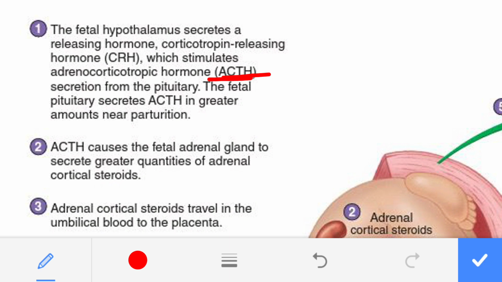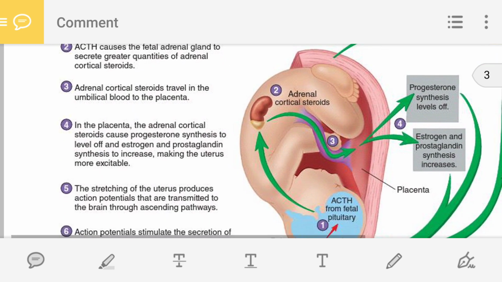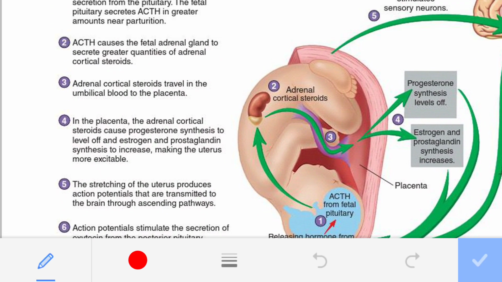When parturition begins, that means when childbirth begins, the pituitary secretes a large amount of ACTH. Here in the figure you can see this fetal pituitary gland secreting a large amount of ACTH. Now what is this ACTH doing? This ACTH is affecting the fetal adrenal gland.